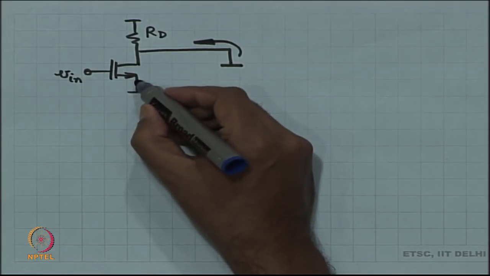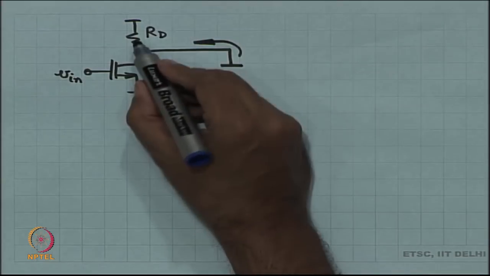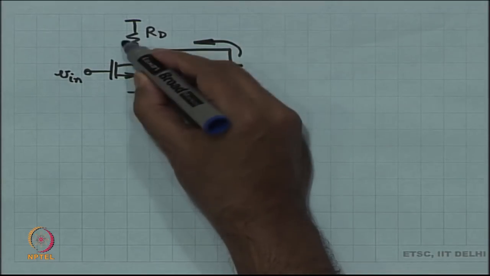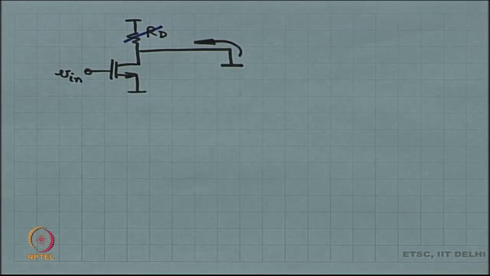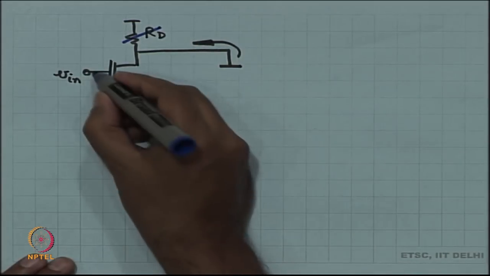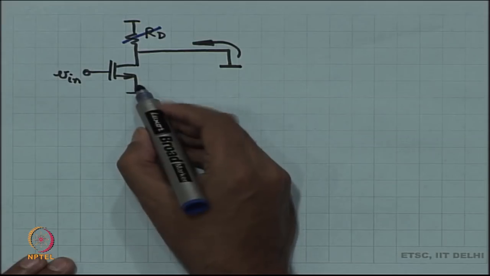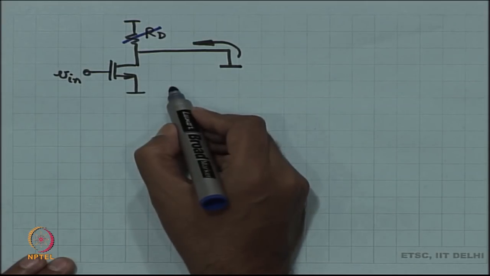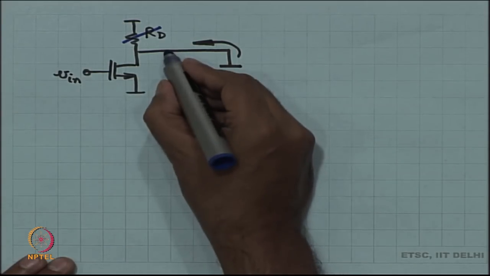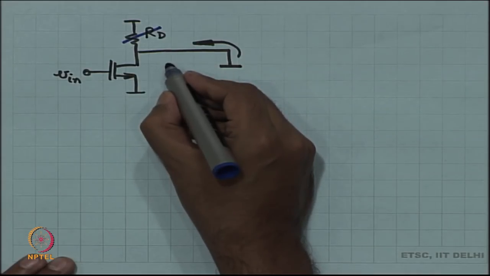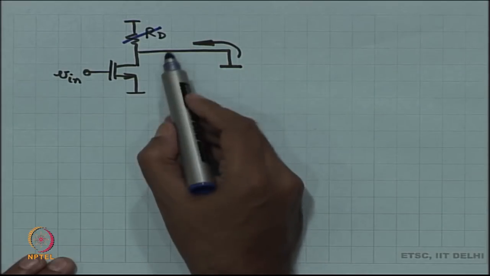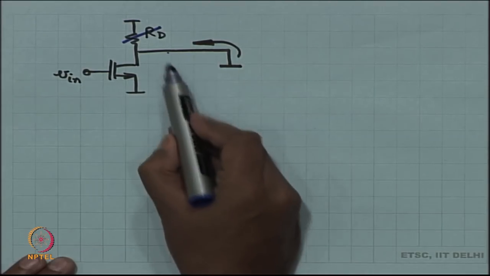So, all that is there inside the MOSFET is 1 GM, and outside the MOSFET RD carries no current because both sides are at ground. C source to body was always irrelevant because both sides were ground, source and body. C drain to body is also irrelevant because both sides are at ground and it does not carry any current. Drain is at ground, body is at ground.